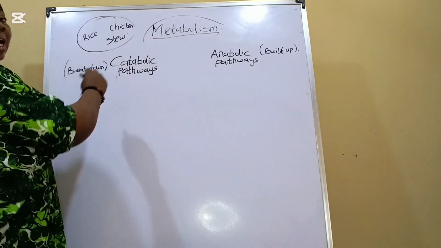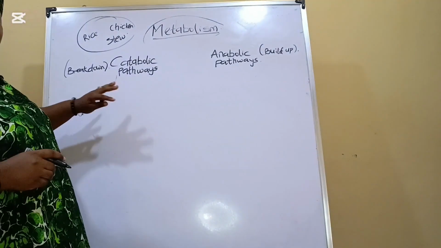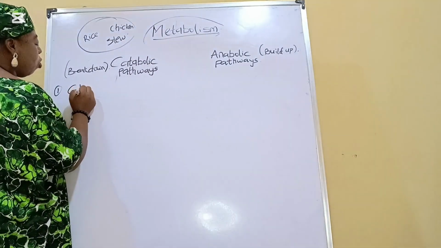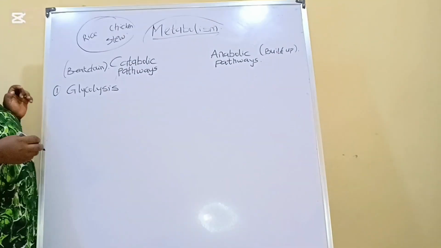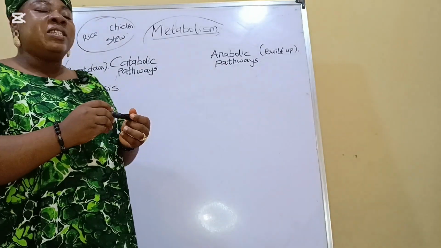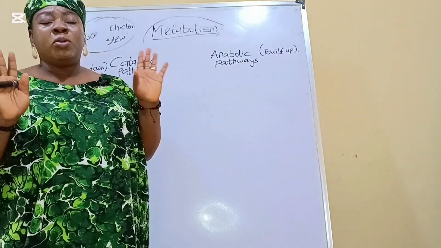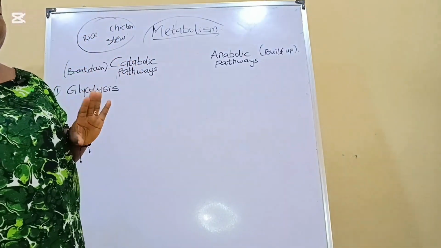Now, for these catabolic pathways, let's start with that first. One, we have glycolysis. Glycolysis is the process that helps us in breaking down a glucose molecule to give us two molecules of pyruvate.